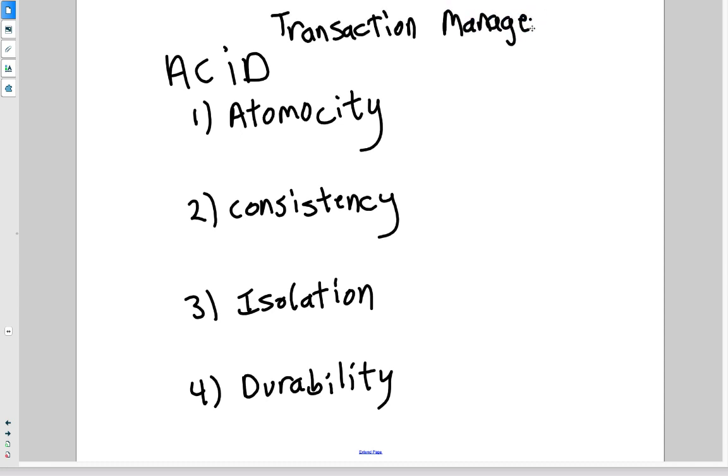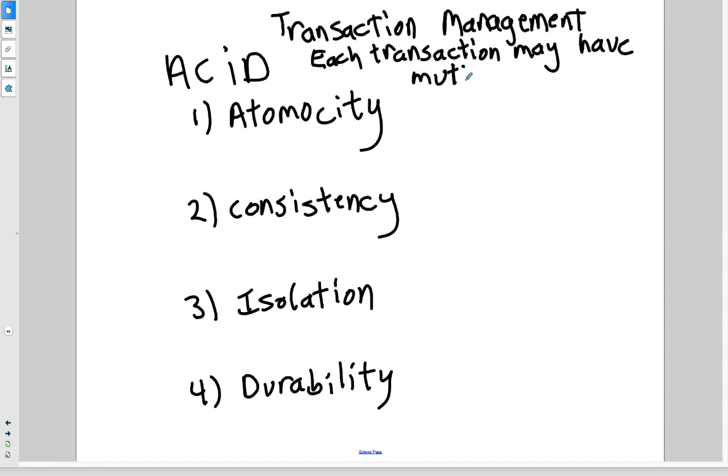So many transactions consist of multiple operations. So each transaction may have multiple operations or queries. And what you want to do is you want to make sure that you can execute transactions in parallel. Also, that if a transaction crashes in the middle of its operations, the database is not left in an inconsistent state.